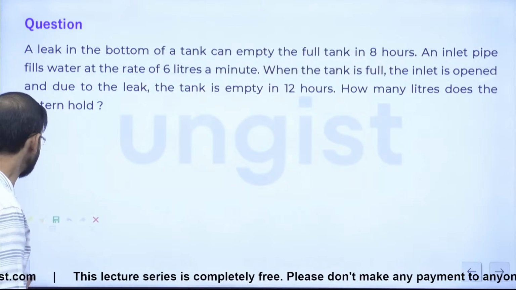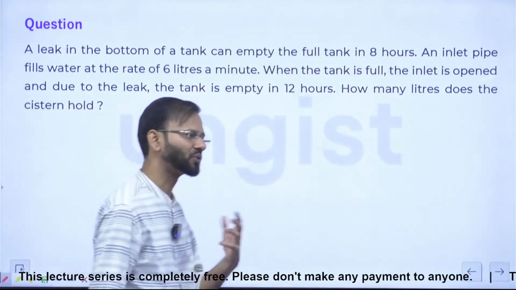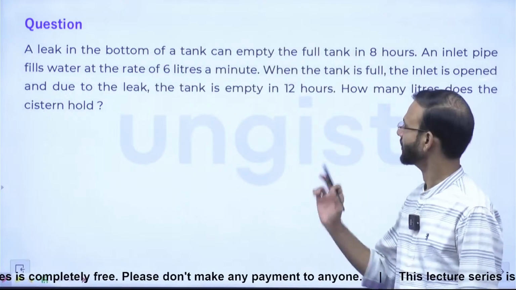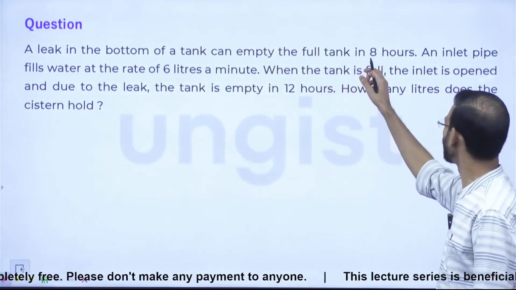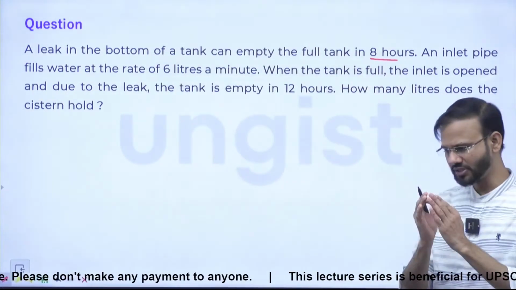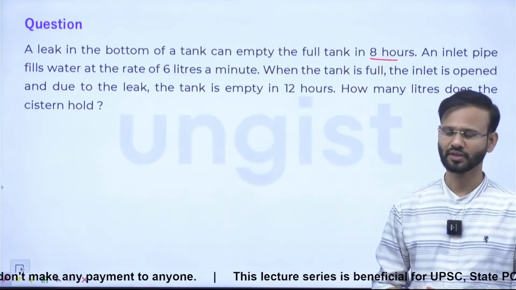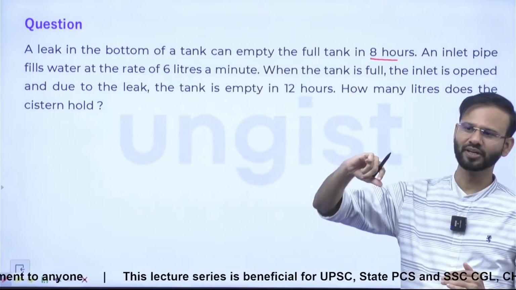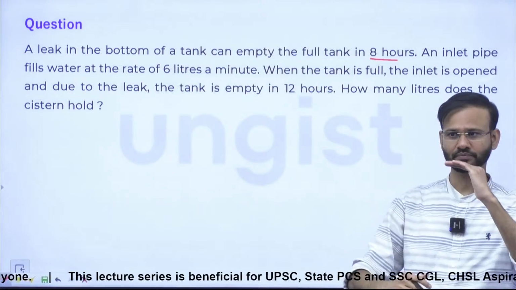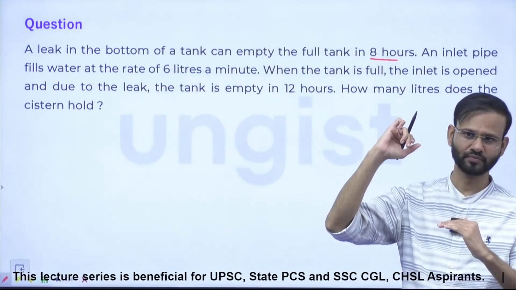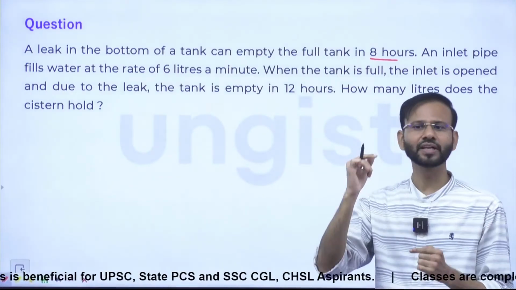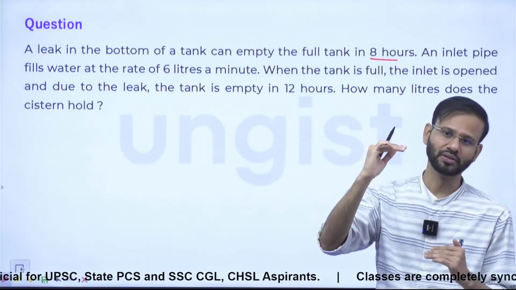Everybody, just think about this question. What is happening here? Question is saying a leak in the bottom can empty the full cistern in 8 hours. When the tank was full, inlet was opened. Inlet and leak both were working simultaneously when the tank was full.